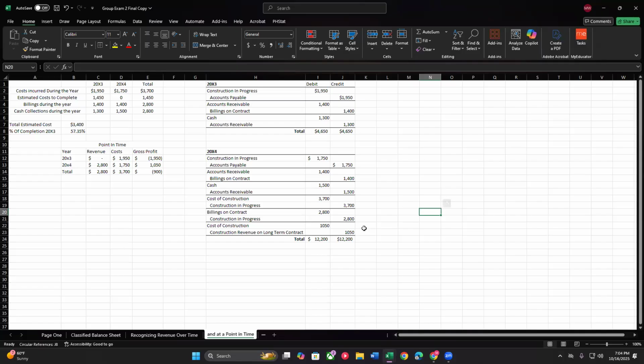I think where you messed up is because isn't that supposed to be? Sorry, just give me a second. That has to be canceled out too. I have the billings on contract in here twice for 1400, so the billings on contract cancels out with that 2800 at the bottom. Okay.